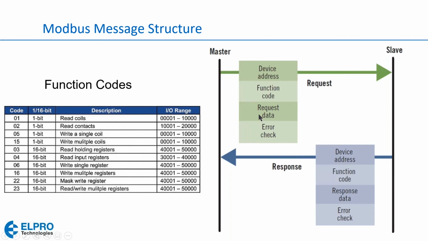The next is the data requested from the specific location on board the slave device. And then lastly, there is a CRC error check included.